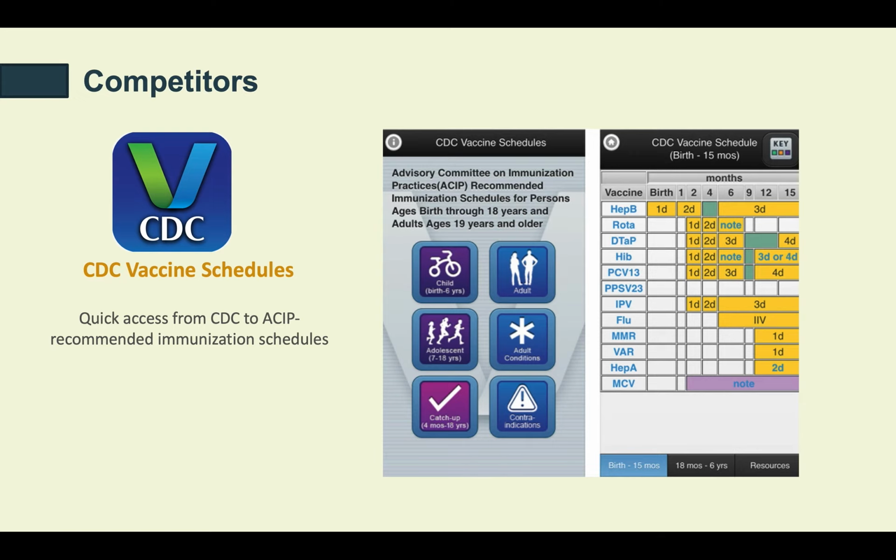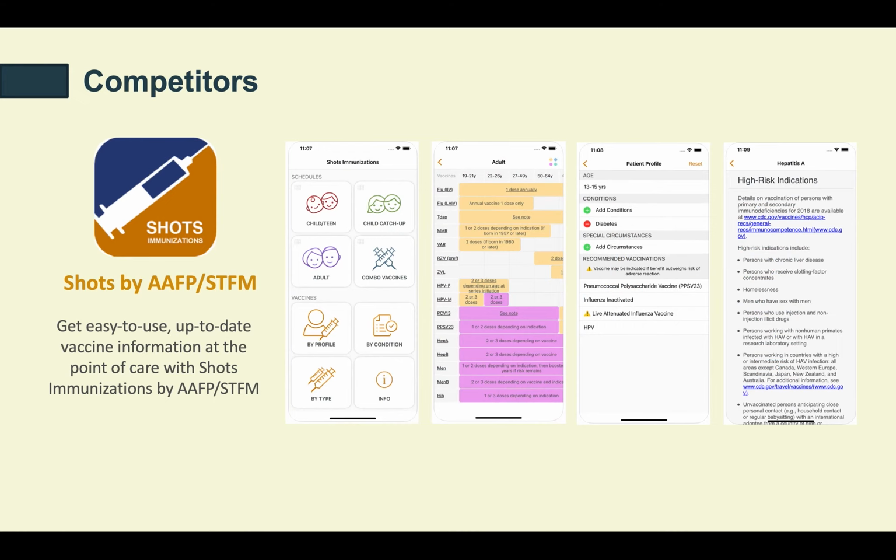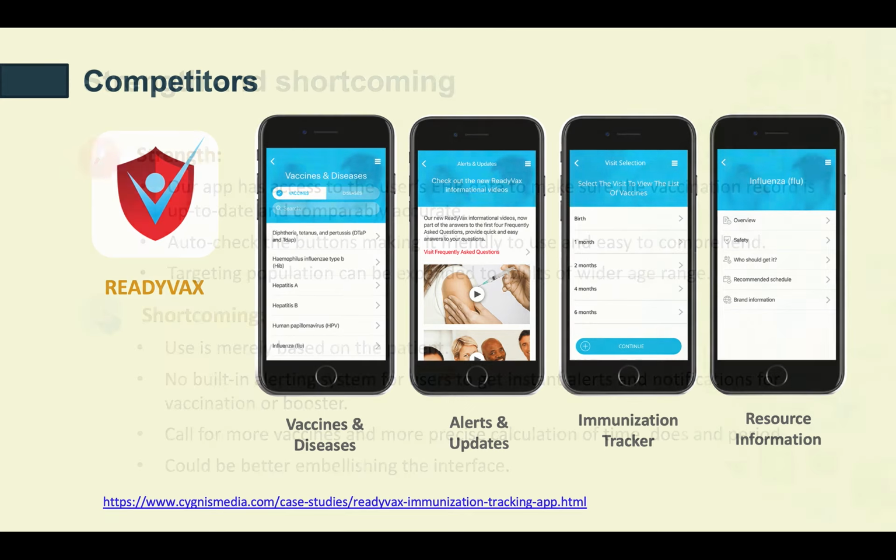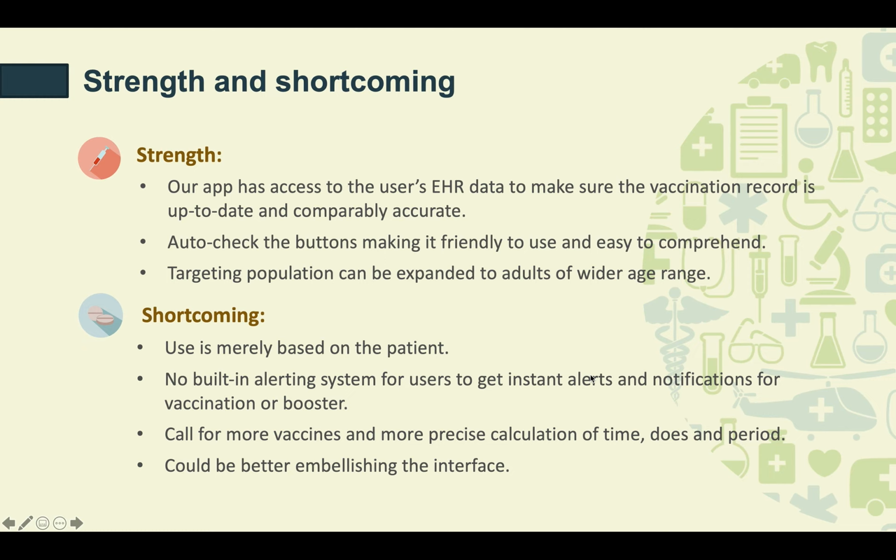And there are also some competitors in the market, like the CDC schedule app, and some other apps that help users track vaccinations. But we can find some of them have a more beautiful interface, or maybe they have more vaccine resources.